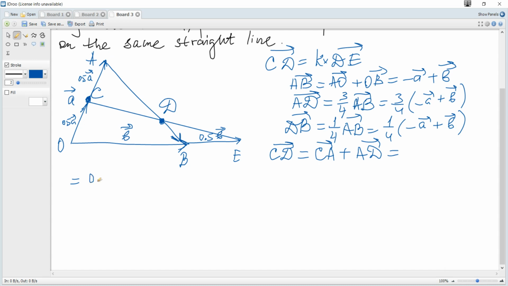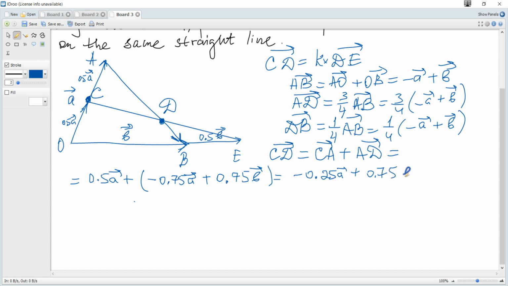CA is 0.5a plus AD. AD is, let's open parentheses, minus 0.75a plus 0.75b, and we can add like terms, so it's negative 0.25a plus 0.75b.